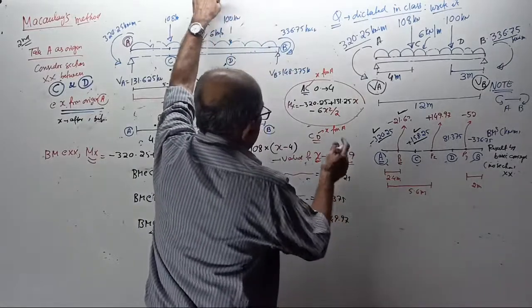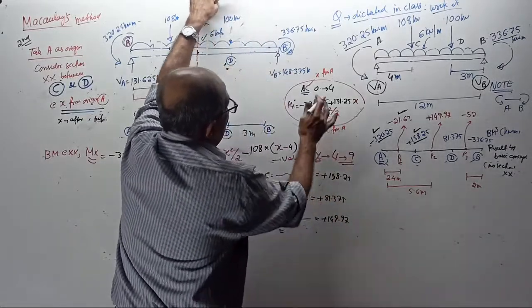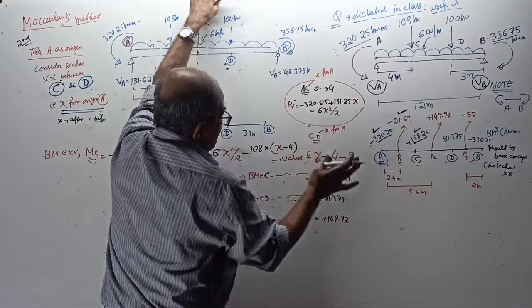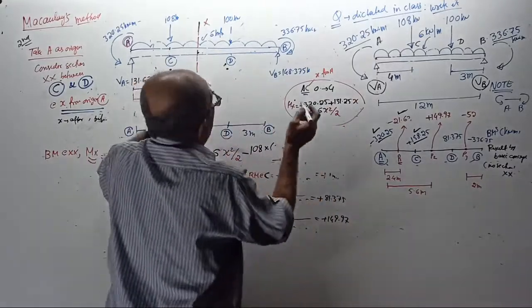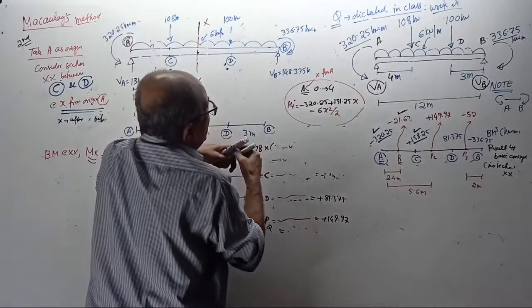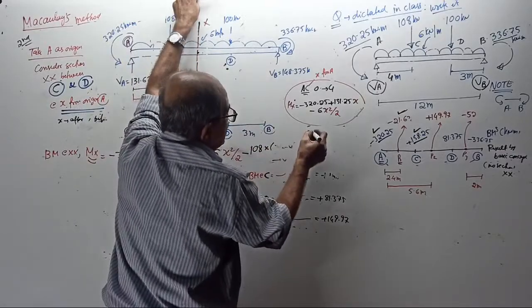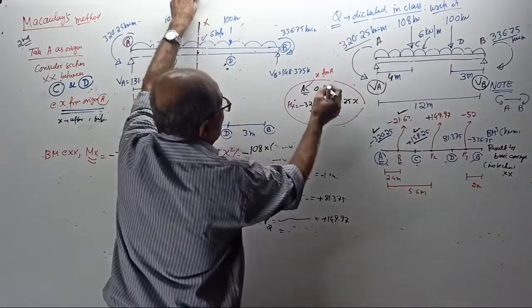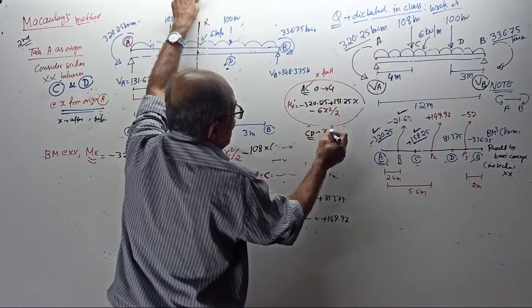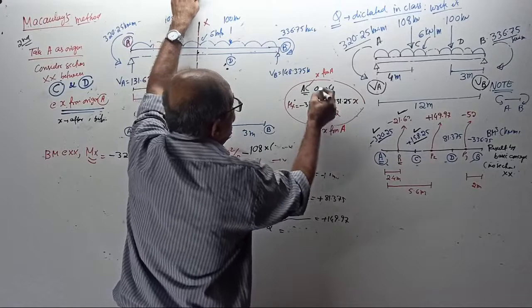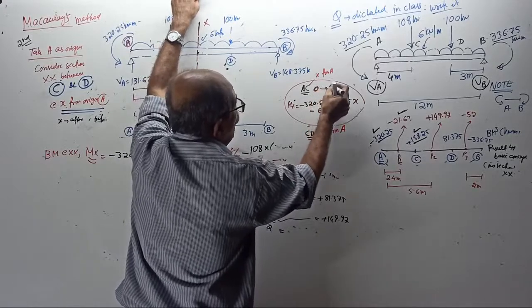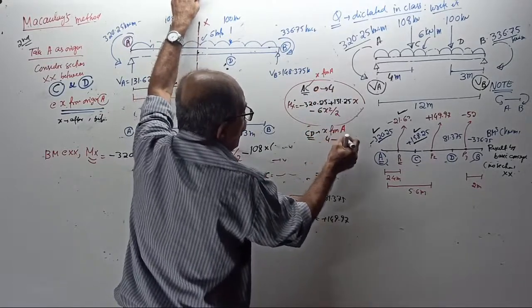Therefore, I will write the result here now. I am rubbing this one. AC is 0 to 4, x from A. And when I consider CD, x is from A only. Here it is from 0 to 4, and this is from 4 to 9.